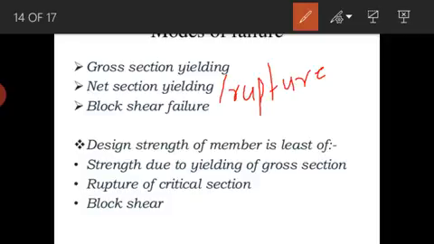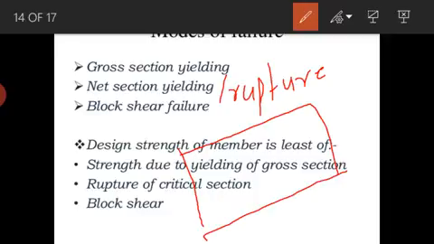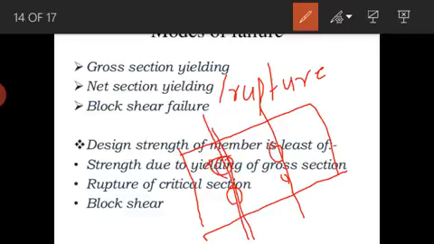Net section means that at a particular section, holes are made, a number of holes for taking the bolts. Suppose this is a section and this is another section. At a particular section, if holes are made, because of the holes present at that section, the area gets reduced.